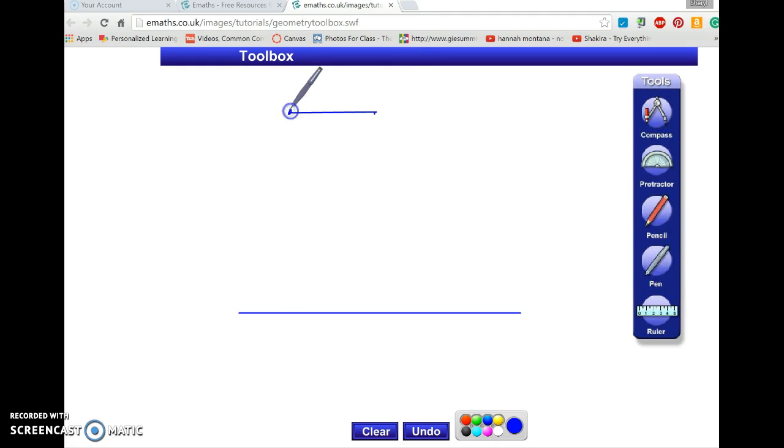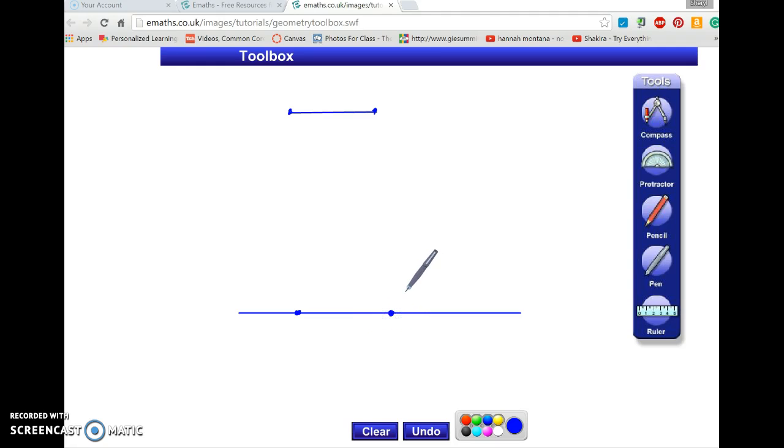So the first thing I want to do is create the base of my triangle. I have my line down here, and I'm just going to pick a point. I'm just going to pick this point right here. And I'm going to pick another point, maybe this point right here.